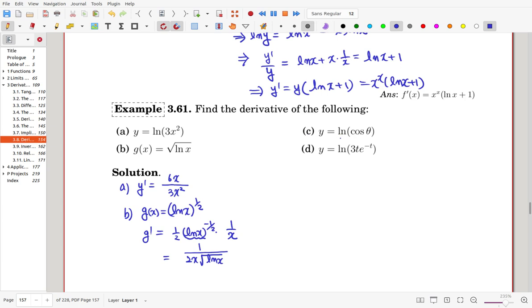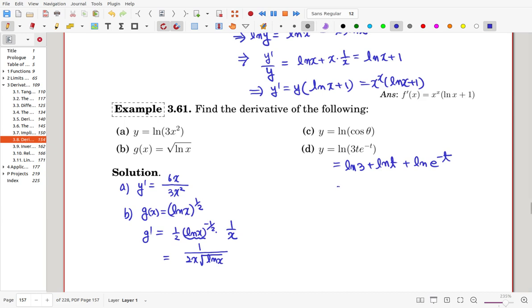Okay, now for C, you can do it quite easily, exactly the same way as that one. Also for this one you can do it the same way, but we'll try a little bit different way. Using the sum formula, we can write this natural logarithm as logarithm 3 plus logarithm t plus natural logarithm e to the minus t.